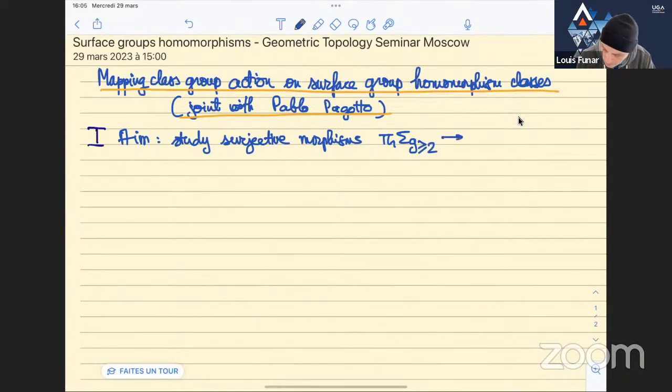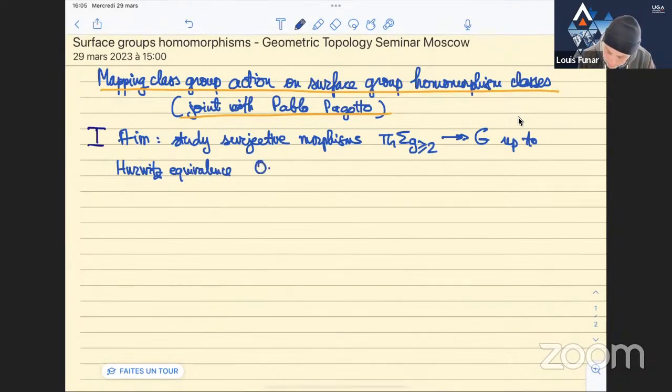So from pi1 of a closed oriented surface of genus g into some group G. And I want to study these homomorphisms up to an equivalence relation, let's say the so-called Hurwitz equivalence, which can be stated in two ways.